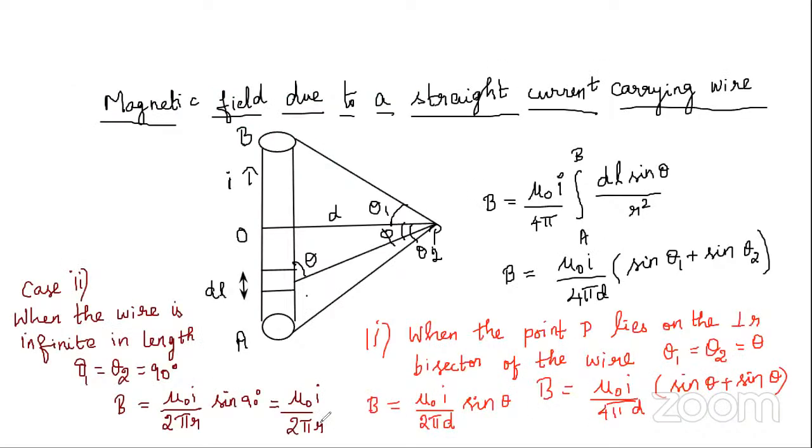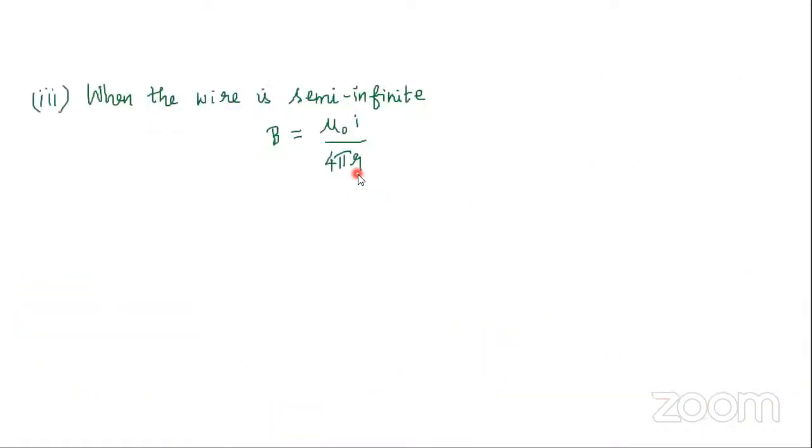As you can see, here it is 2 pi r. When the wire is semi-infinite, it is half of the length of the infinite wire, so you have to divide the magnetic field by 2. On dividing, you will get B equal to mu naught I by 4 pi r.